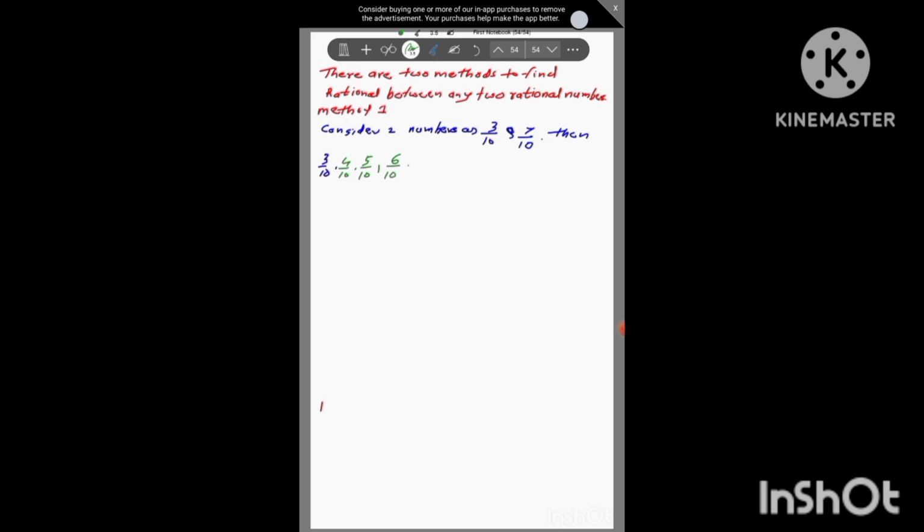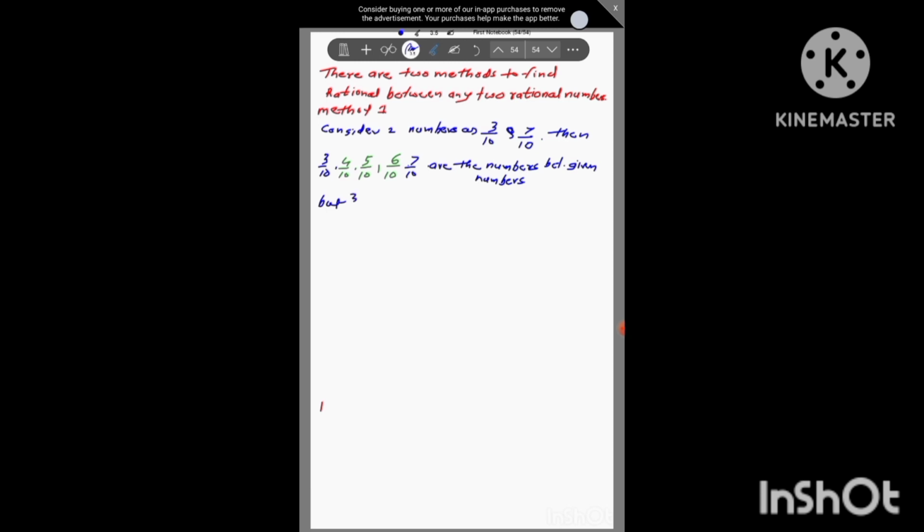So we write 3 upon 10, 4 upon 10, 5 upon 10, 6 upon 10, 7 upon 10. All these numbers, 4, 5, 6, are in between 3 and 7. So these are some rational numbers between 7 upon 10 and 3 upon 10.